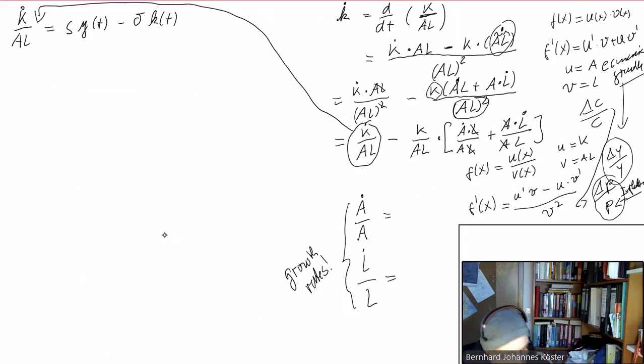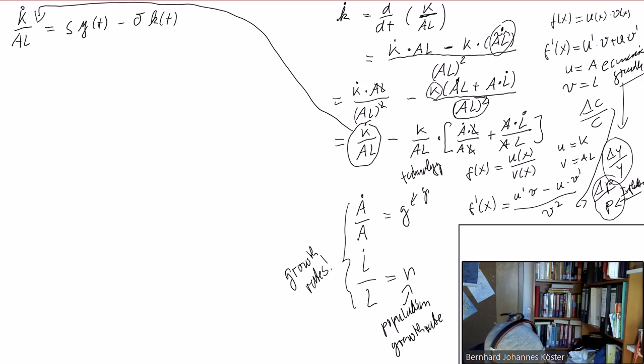So the nice thing is then that this is g and this is n, the growth rate of population, and technology growth rate.